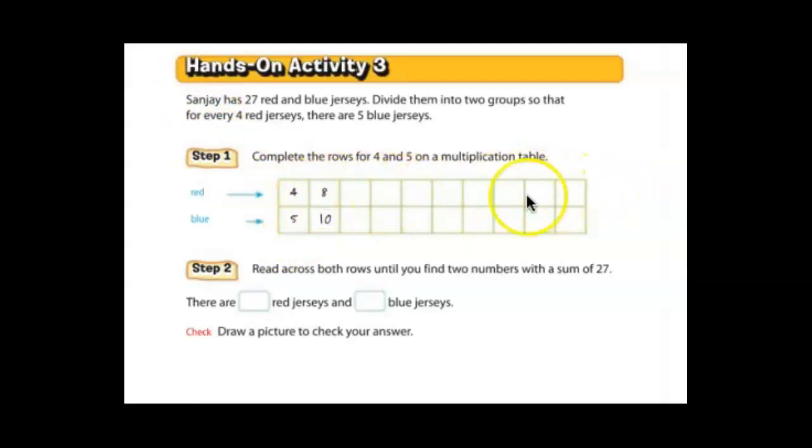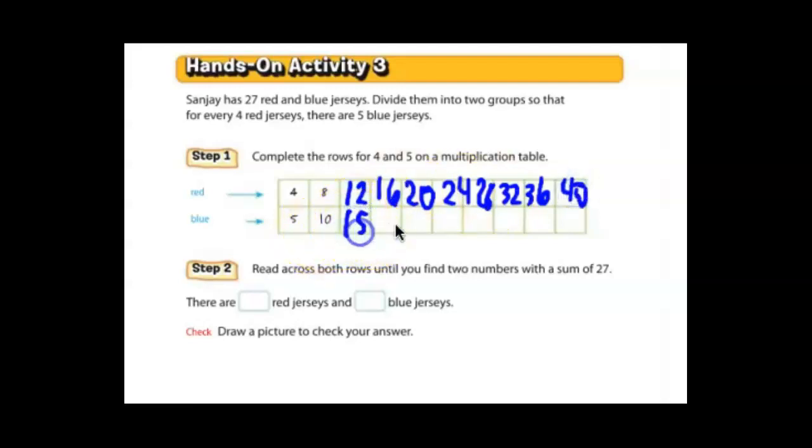The first thing we're going to do is fill in by skip counting all the way across the top by 4. So that's going to be 4, 8, 12, 16, 20, 24, 28, 32, 36, and 40.